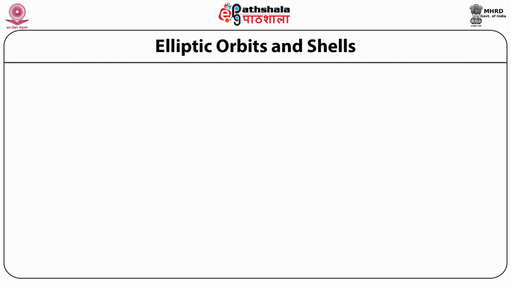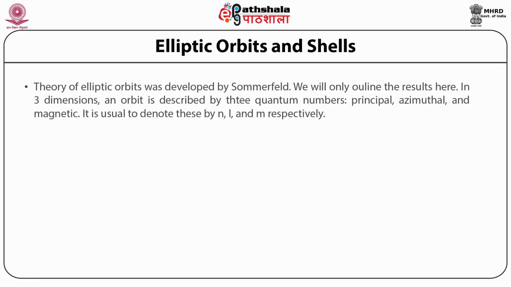Now, Bohr's theory applies to circular orbits only, but as I already said, the atom consists not only of circular orbits, but of circular and elliptical orbits. The theory of elliptical orbits was developed by Sommerfeld, and this was an extension of the Bohr model.